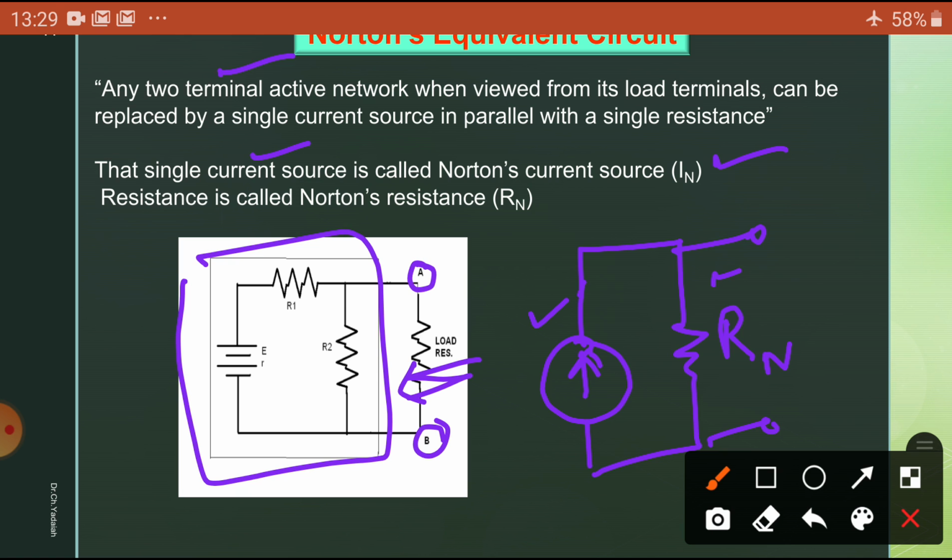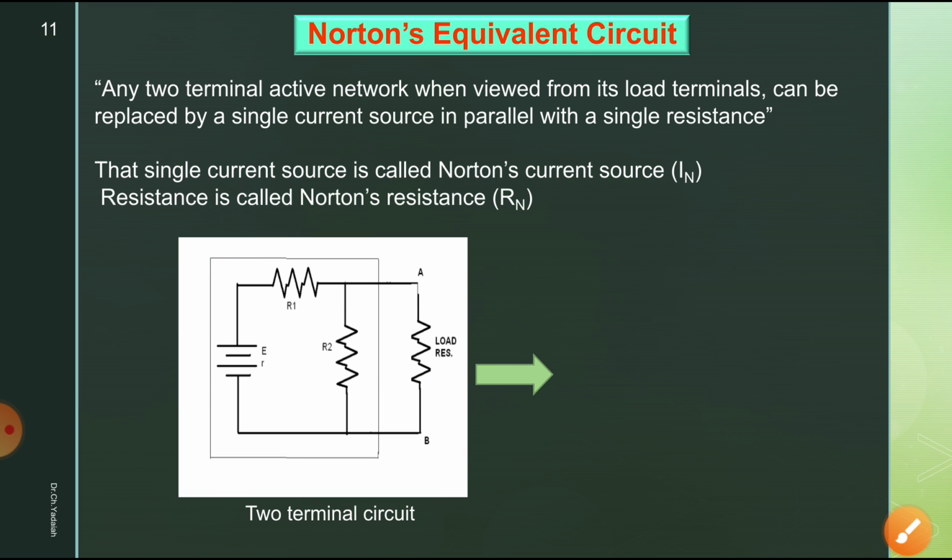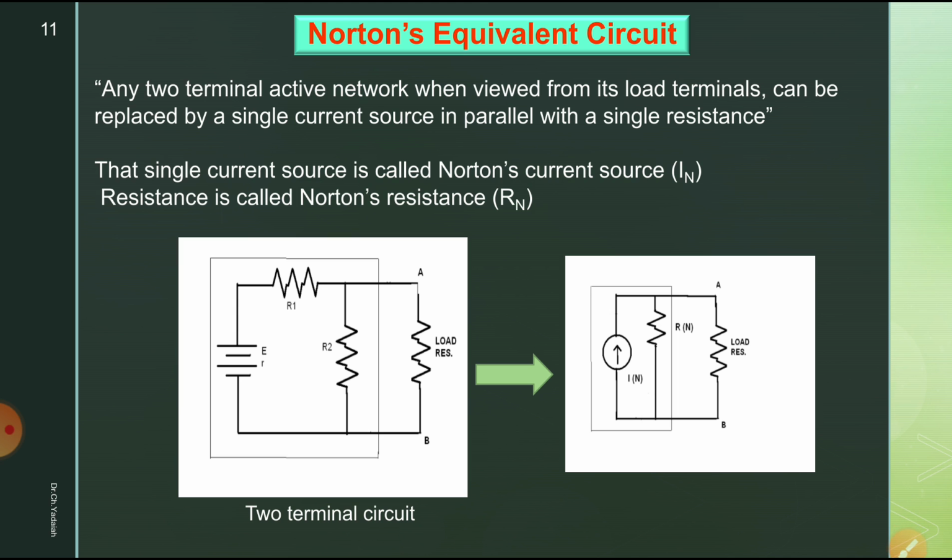The single current source is called Norton's current source and the resistance is called Norton's resistance. These are the equivalents: this is the two terminal circuit, and this is Norton's equivalent circuit.